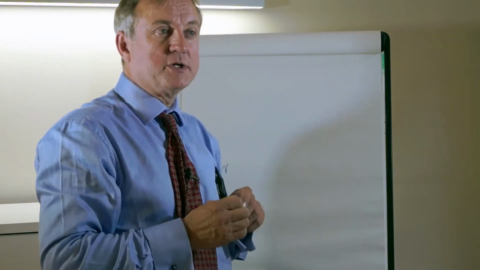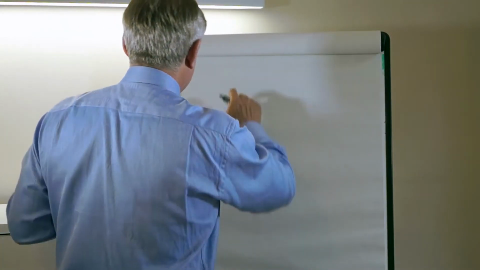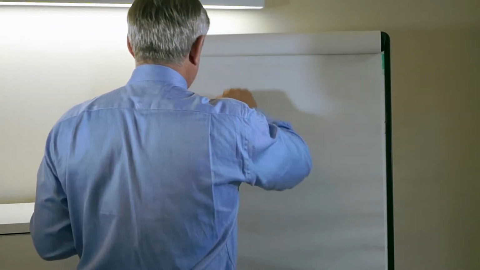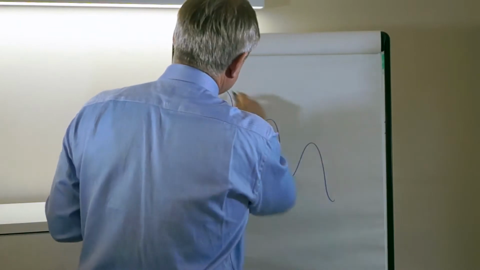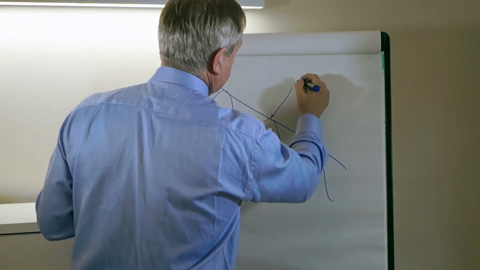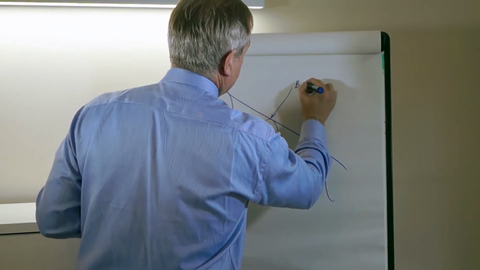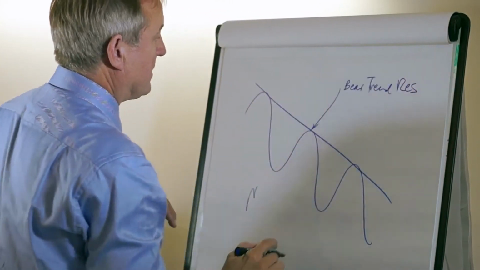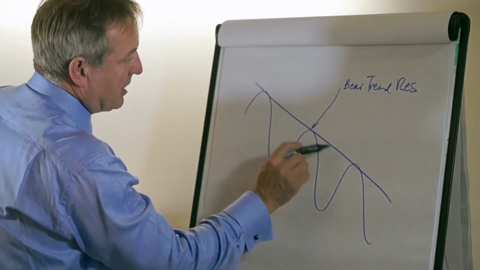So how do chartists define trends? There are two critical sorts of lines in defining a trend for a chartist. One is the diagonal on top of the bear trend, and this is called the bear trend resistance. This is the line that keeps the market driving down.